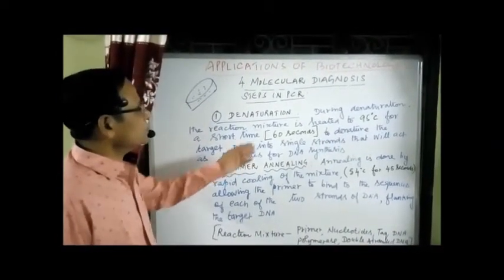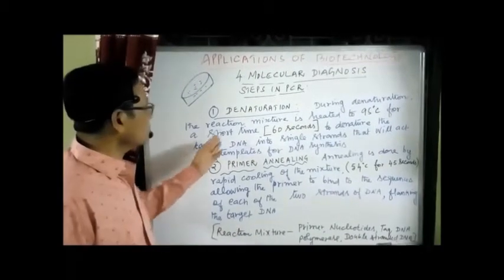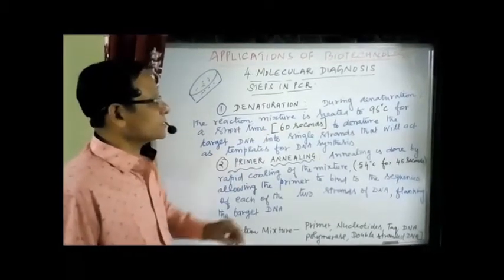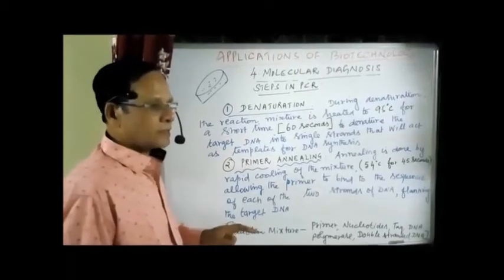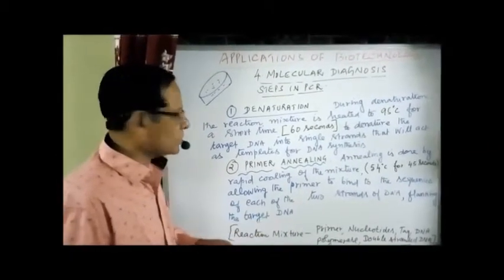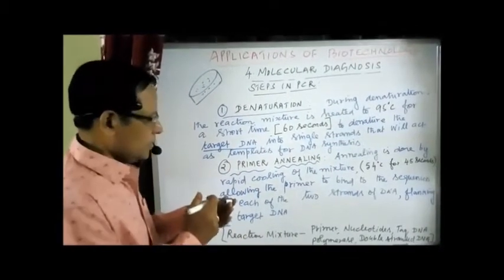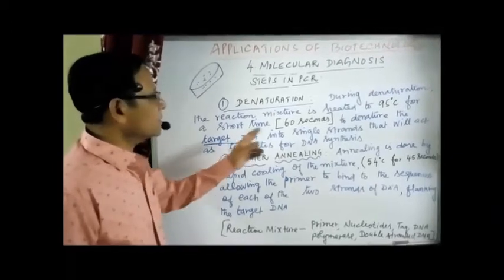The mixture is heated to 95 degrees Celsius for a short time, about 60 seconds or 1 minute, to denature the target DNA. The DNA which is to be amplified is called the target DNA. It is separated into single strands that will act as templates for DNA synthesis.